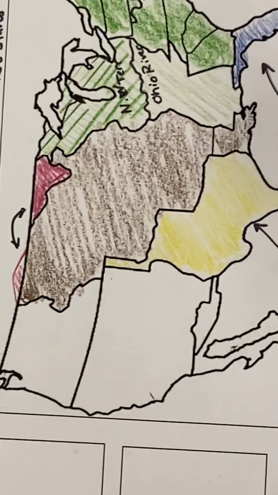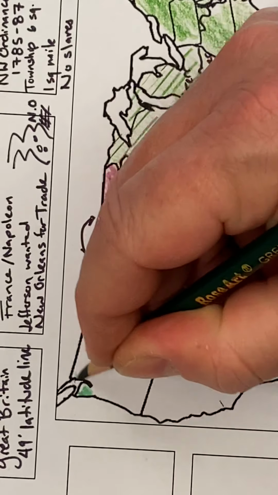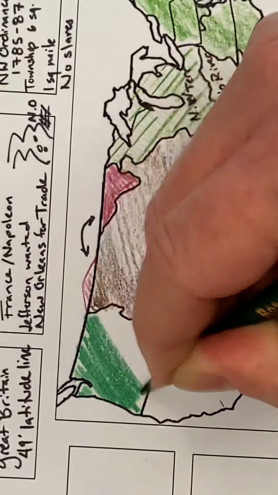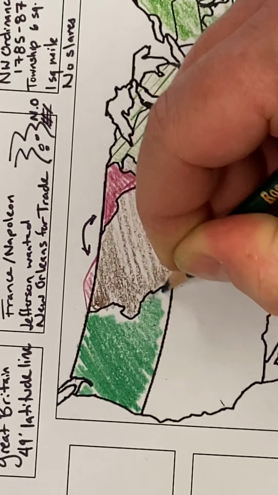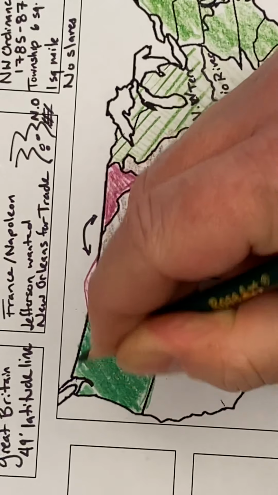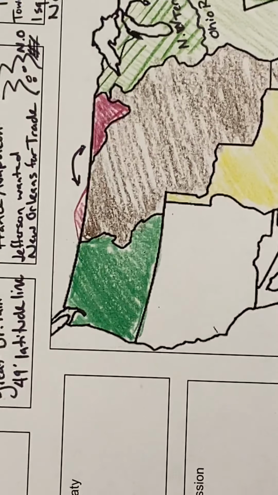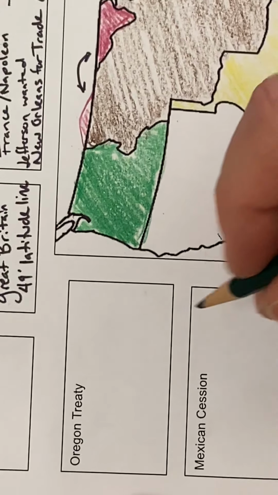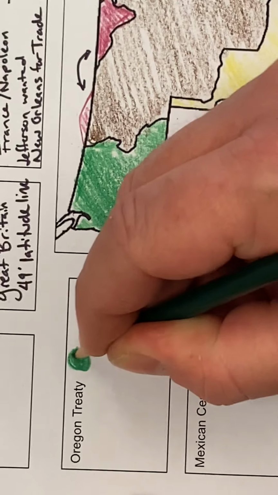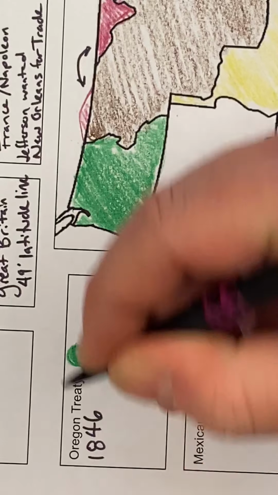All right. Then the next chunk added, which you're reading about in the book, is the Oregon Territory. I'm going to use a very dark green. There we go. And again, I have a much smaller map, so this will go much faster for me than for ye. All right. This is in 1846.